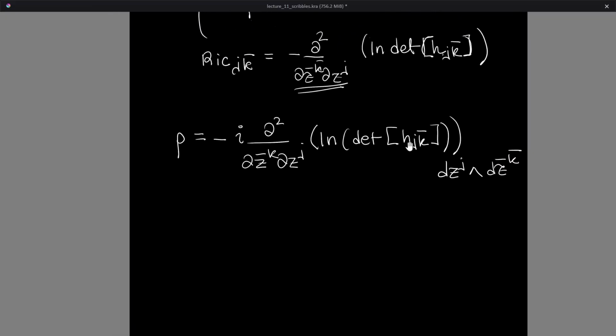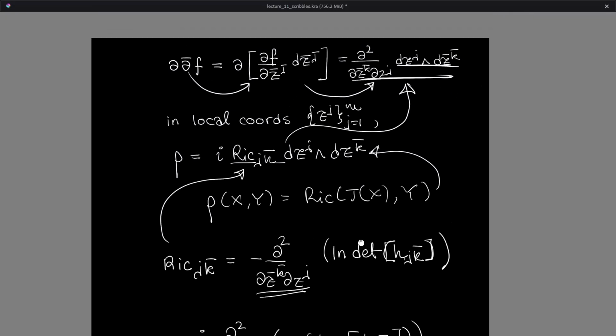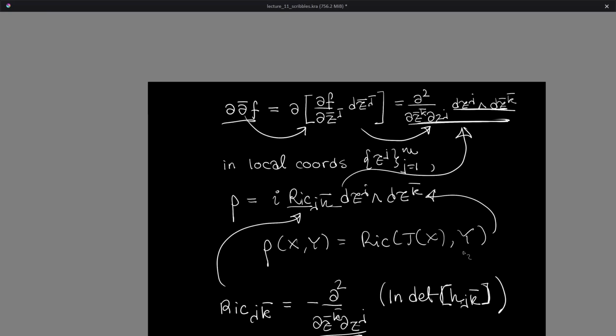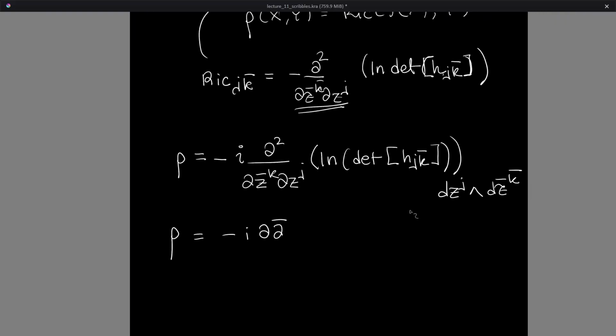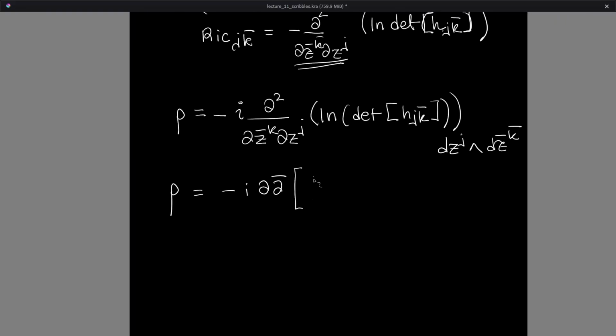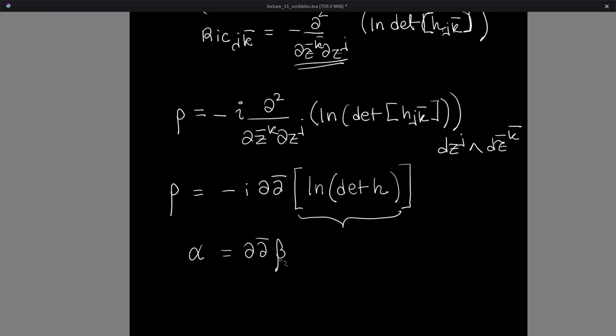And if we compare this to this over here, then we find that rho is equal to minus I partial bar of this whole thing. Let's just call it ln of det of h, and that is our form beta. If you remember, alpha is equal to partial bar beta from the partial bar lemma.